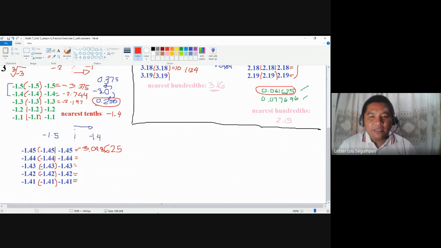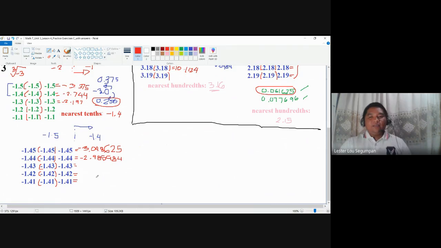Next is for negative 1.44. Again, you may use your calculators. I'm still encouraging you to use calculator, no need to worry. So you have negative 2.985984.